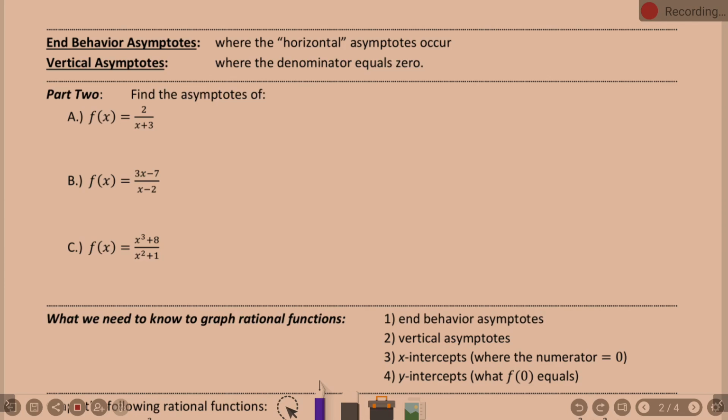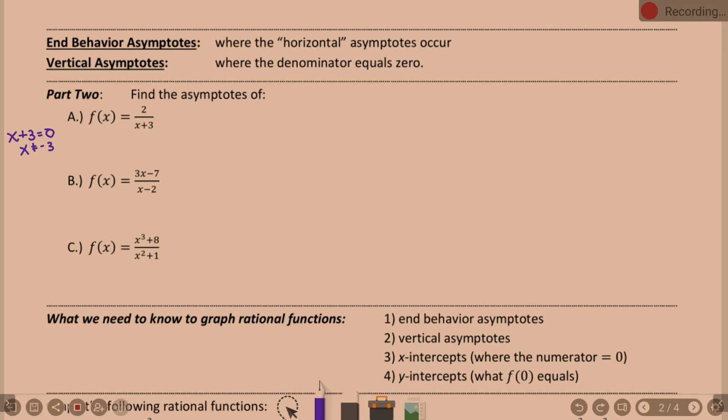So, without looking at any graph, just looking at the equation, what asymptotes do you notice? What'd you say? x plus 3. Okay, x plus 3 can't equal 0, so that means what? Right. And I didn't even necessarily write this out on my paper, but yes, we know there's going to be a vertical asymptote, x equals negative 3.